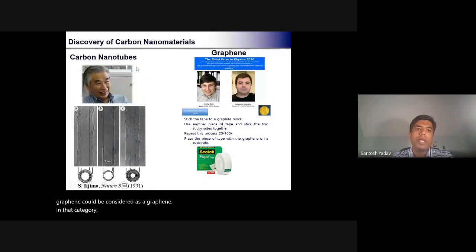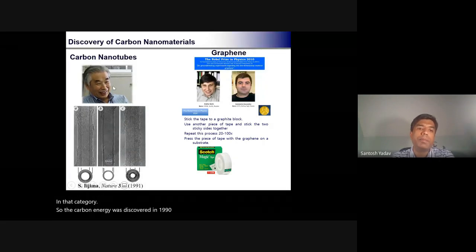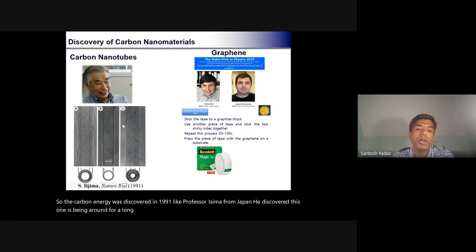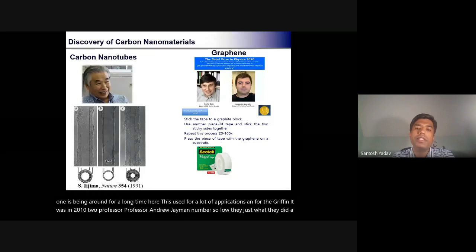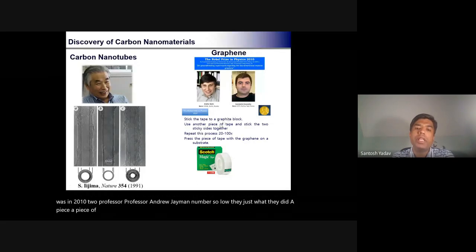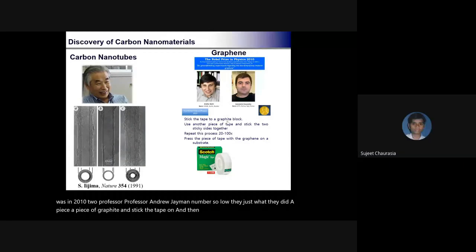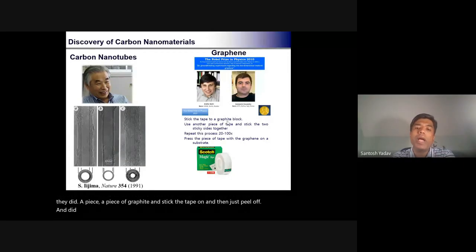The carbon nanotube was discovered in 1991 by Professor Iijima from Japan. It has been around for a long time and is used for a lot of applications. For graphene, in 2004, two professors, Andre Geim and Konstantin Novoselov, took a piece of graphite, stuck tape on it and peeled off. They repeated that at least 100 times and were able to get the single layer of graphene.